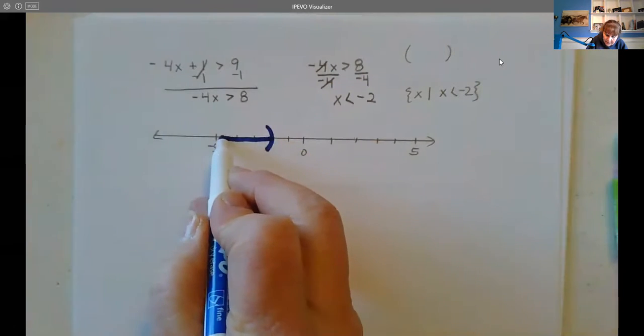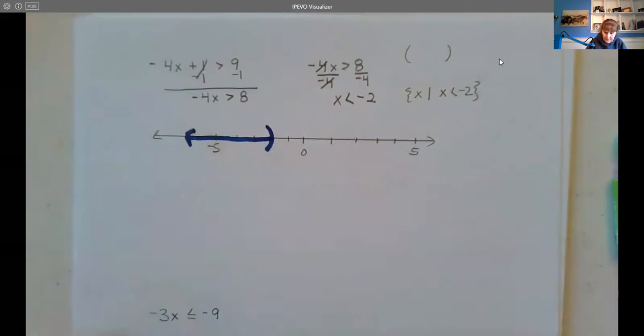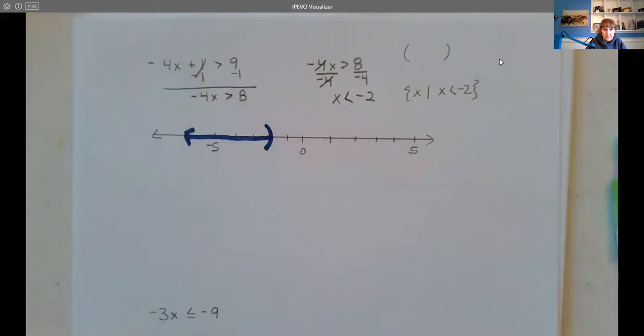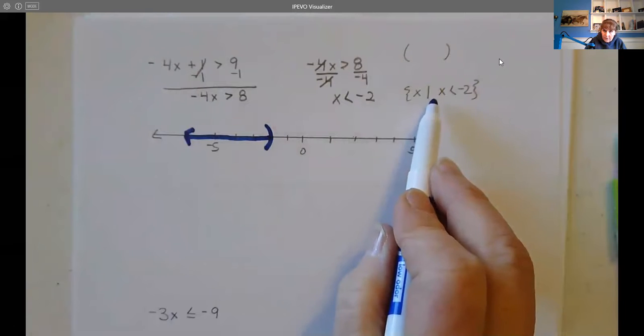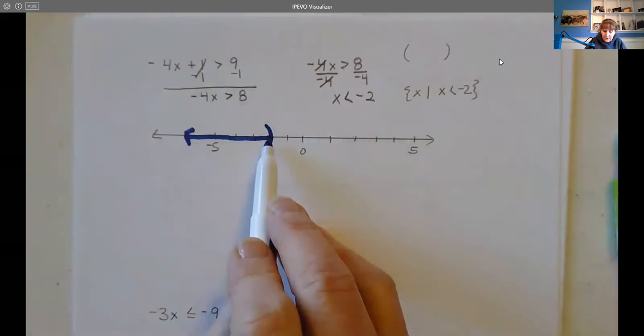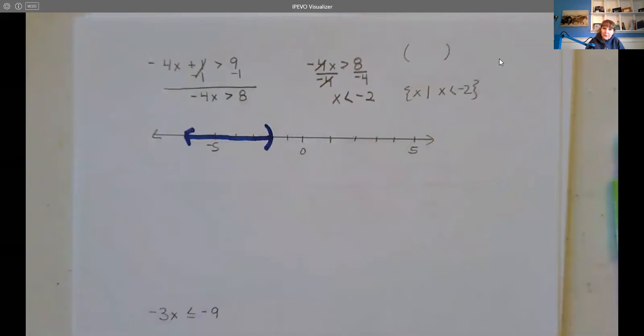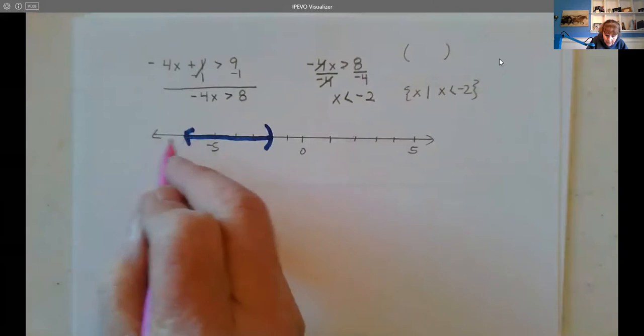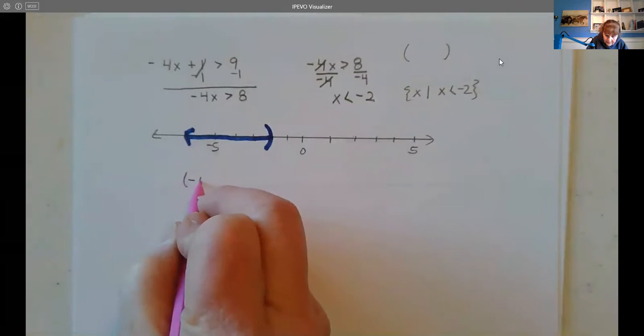The arrow represents solutions. Anything over here will work in that equation, any number. So we have the set solution, the graphical solution, and from this, it's really easy to come up with the interval notation, or the solution written in interval notation. The furthest to the left this is going to go is -infinity.